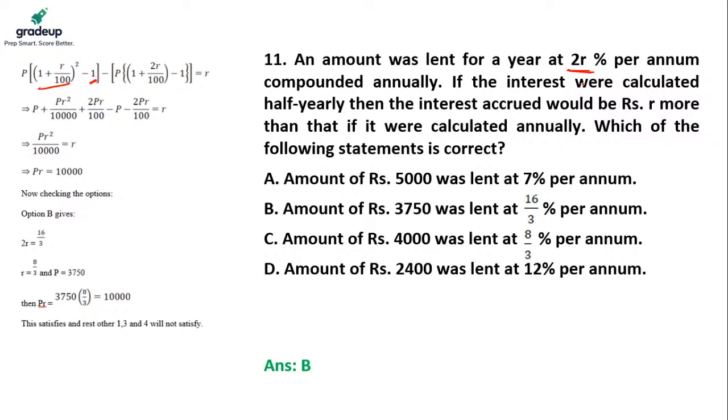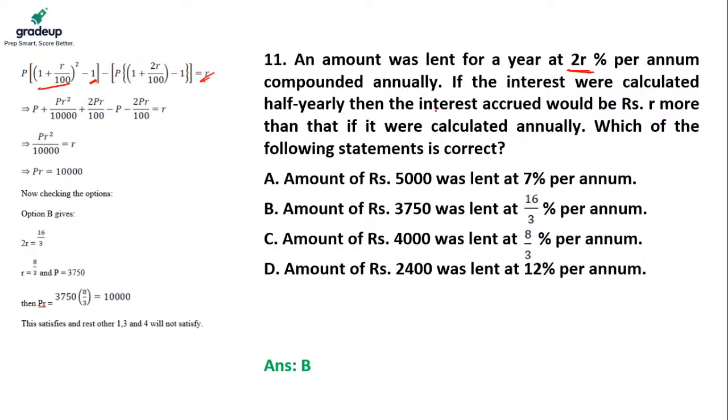If it is compounded half yearly, it will be R percent for the first half year and R percent for the second half year. So P times ((1 plus R by 100) whole squared minus 1) minus P times ((1 plus 2R by 100) minus 1). This should give me R.